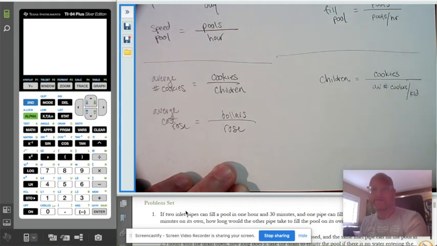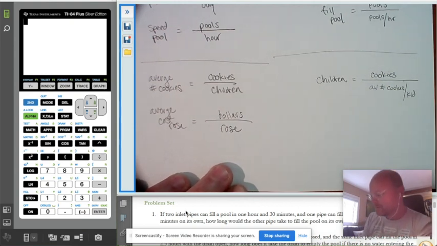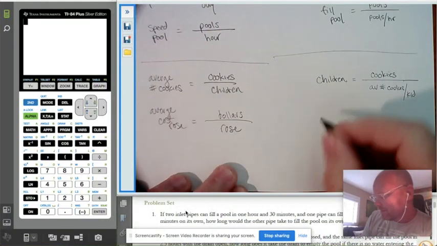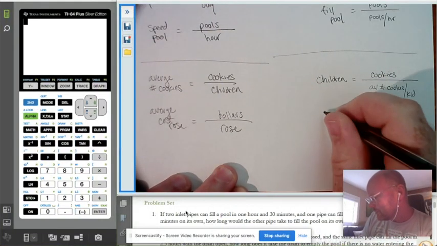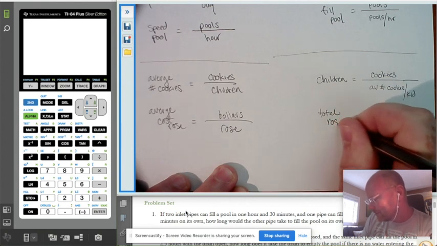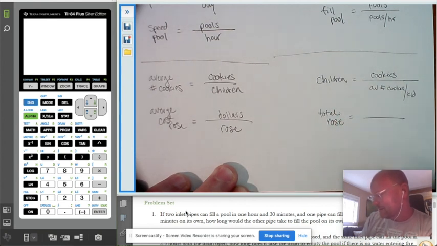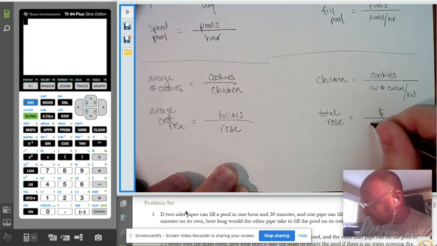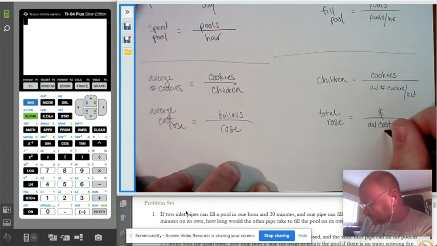Divide those two things out and you get the number of kids. Same thing for the average cost of a rose. If you wanted to know the total cost of all your roses, you can take the total amount of dollars that you've spent and divide by the average cost of a rose.